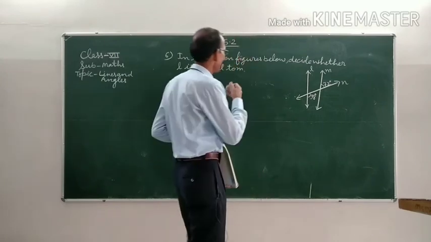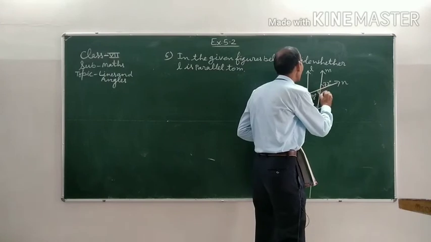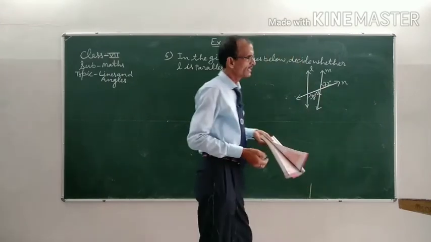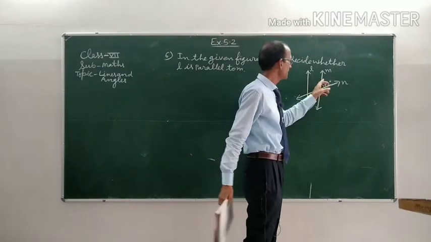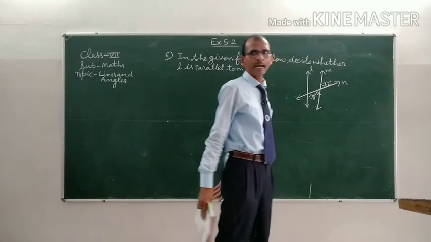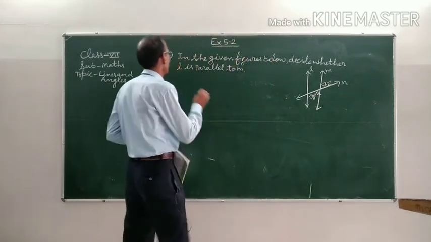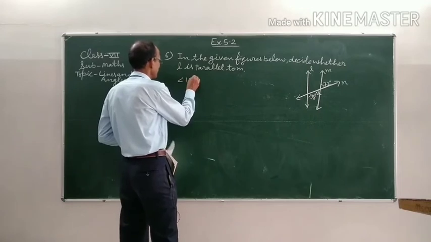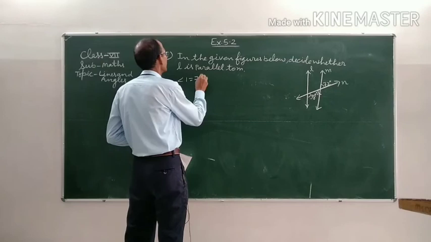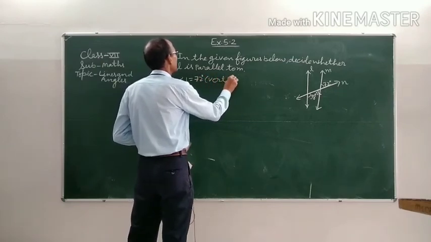Here the same way we can find this angle 1, and angle of 72 degree are vertically opposite angles, and vertically opposite angles are always equal. Angle 1 is equal to 72 degree because these are vertically opposite angles.